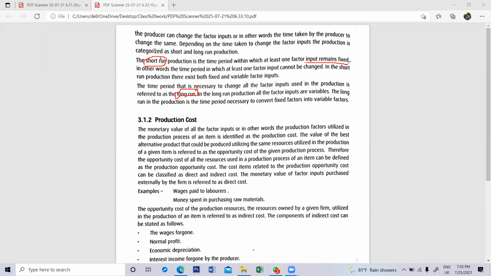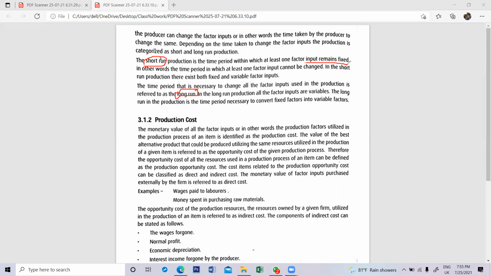It is impossible. It depends on the situation where fixed factors are changed. Whenever the fixed factors are changed, it is called long run. Anyways, we know very well, at the very beginning of the producer, of course, in the short run, the firm will use resources for the production, especially machines, buildings, just started.